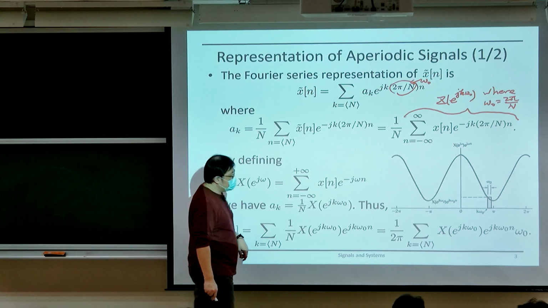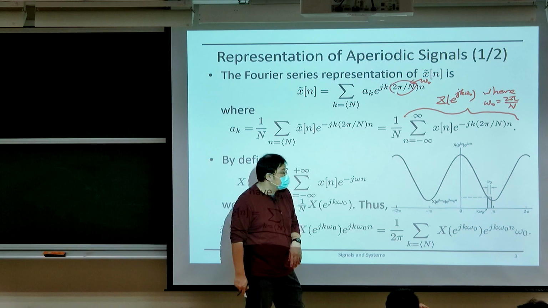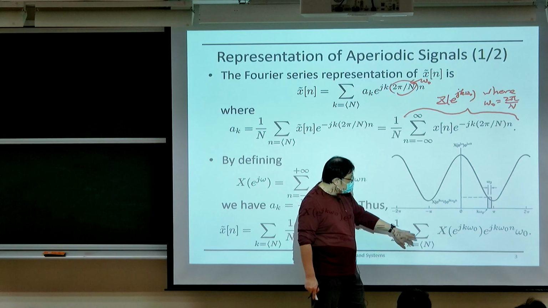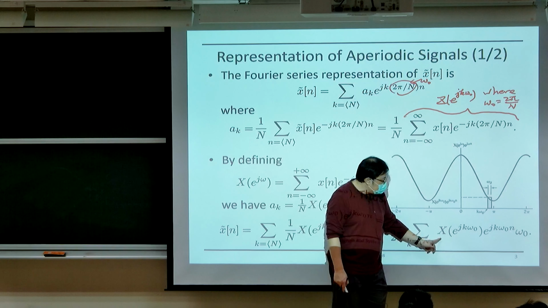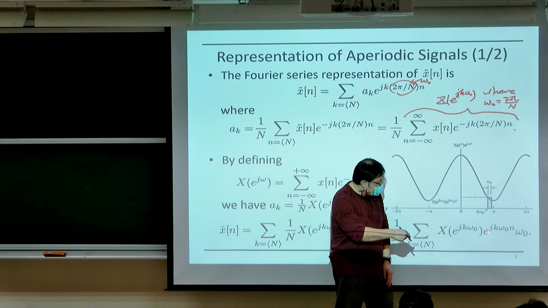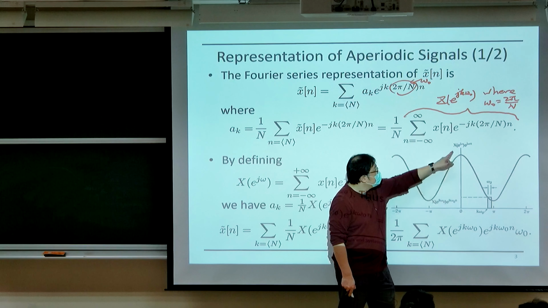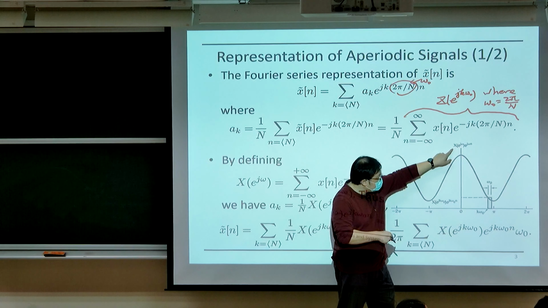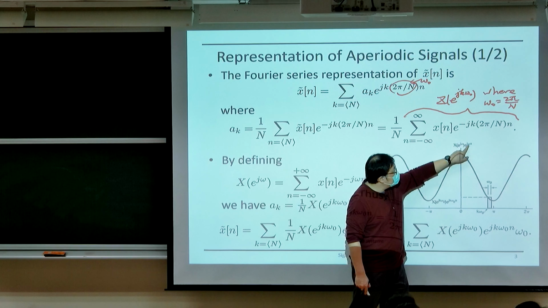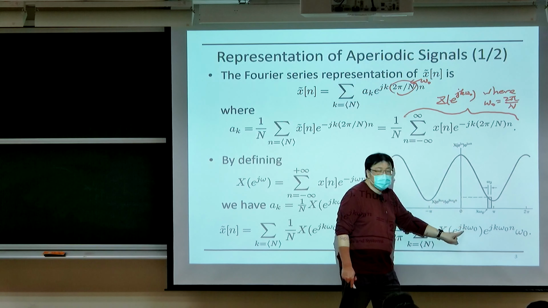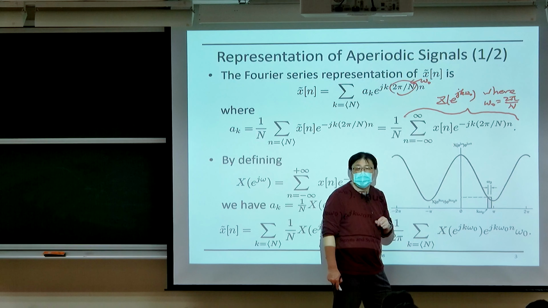So now, what does this summation give us? If you look inside each term of the summation, this x times this complex exponential is basically the sampling of the function x of e to the j omega times e to the j omega n at omega equal to k times omega naught.